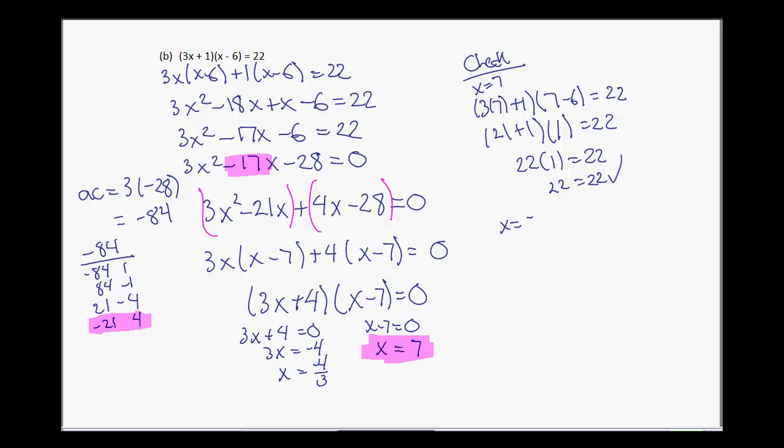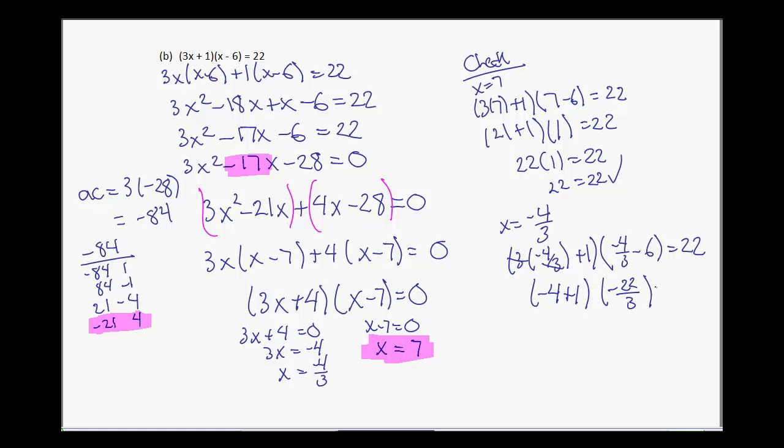Let's check x equals negative 4/3. We have 3 times negative 4/3 plus 1 multiplied by negative 4/3 minus 6 equals 22. The 3's cancel here, leaving us with minus 4 plus 1 multiplied by minus 22 over 3, which equals 22.